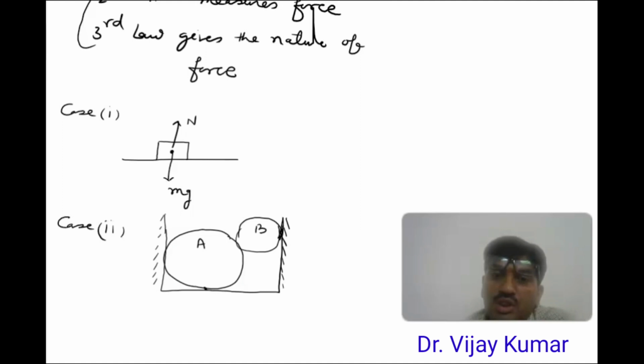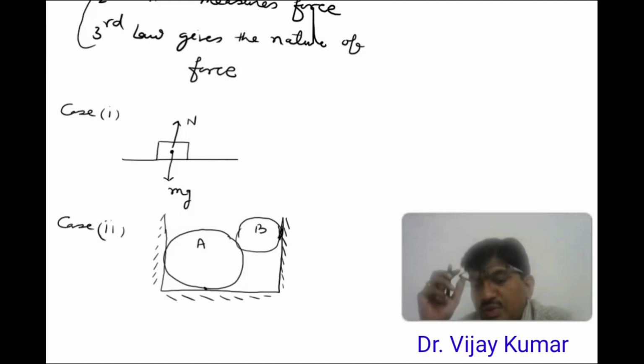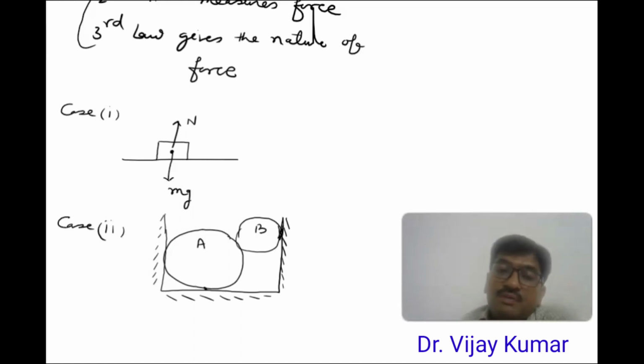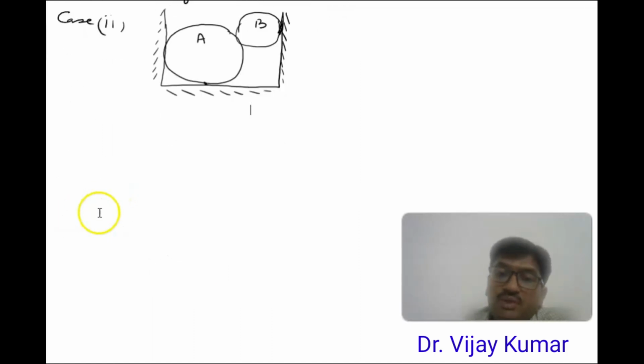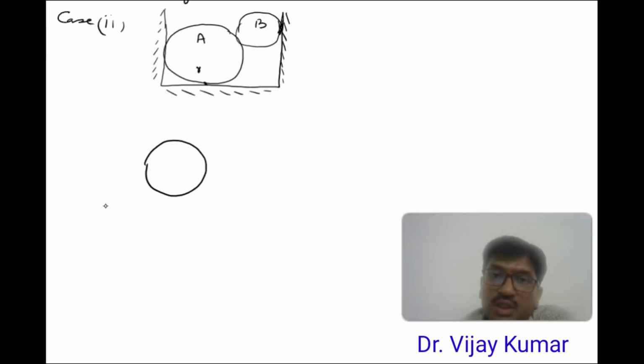These walls are rigid and the base is also rigid. First we discuss sphere A. Suppose the mass of sphere A is MA and the mass of sphere B is MB.